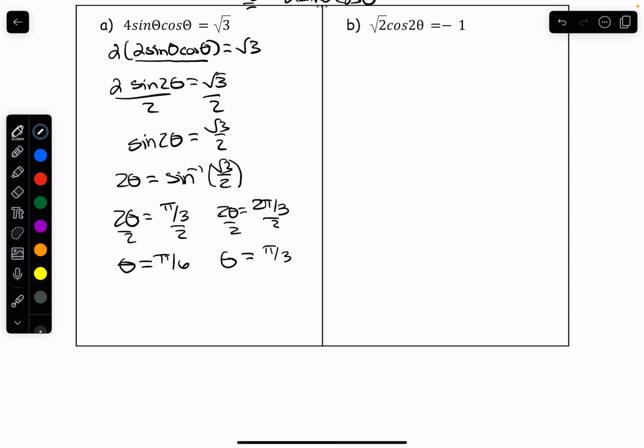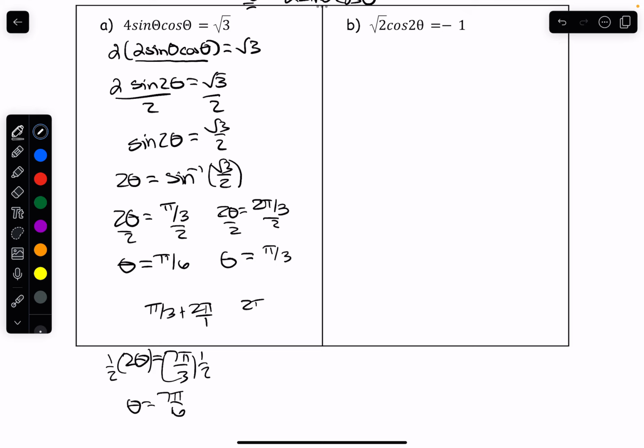So here, our 2 theta equaled pi over 3. Well, if I add pi over 3 plus a rotation of 2 pi, which hopefully you can see, that would equal 7 pi over 3, times by a half. That means that theta could be 7 pi over 6.